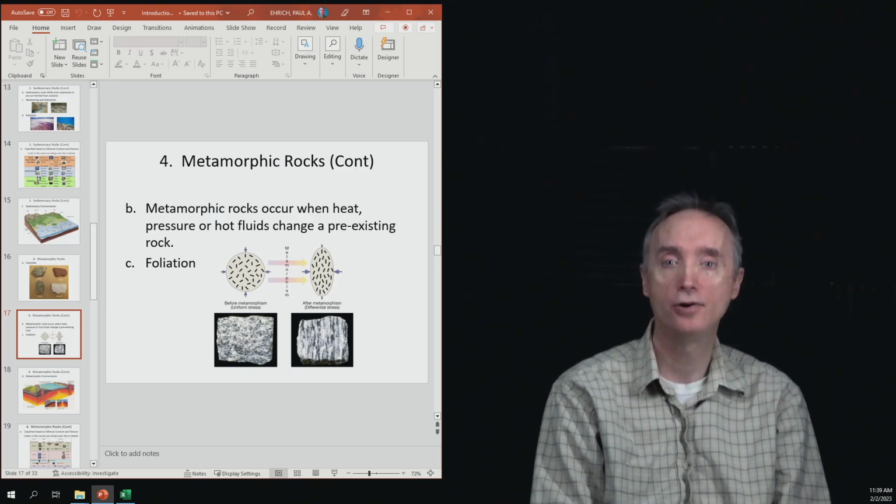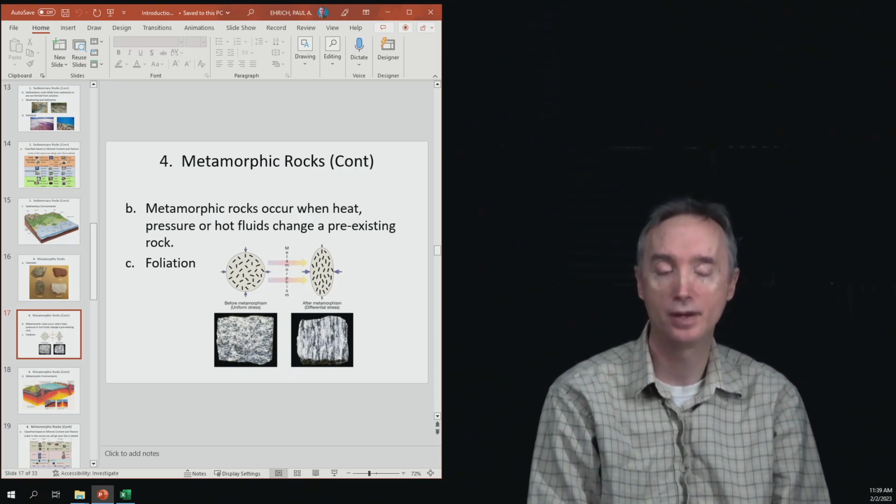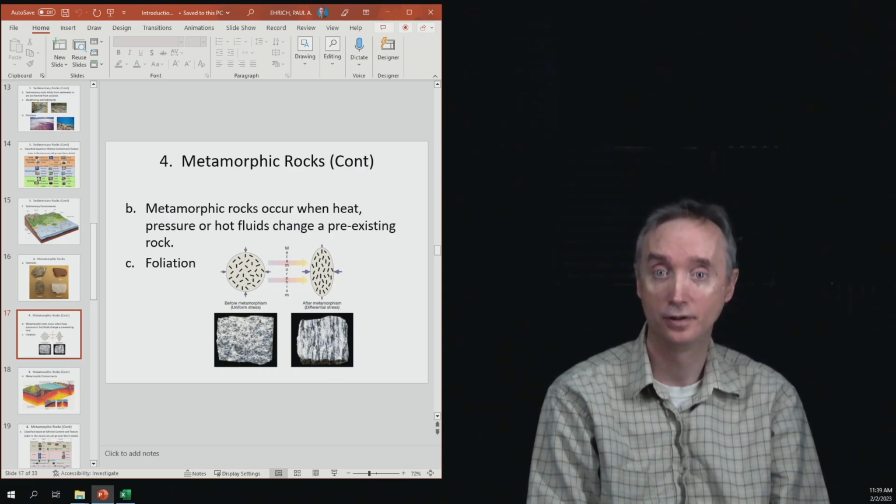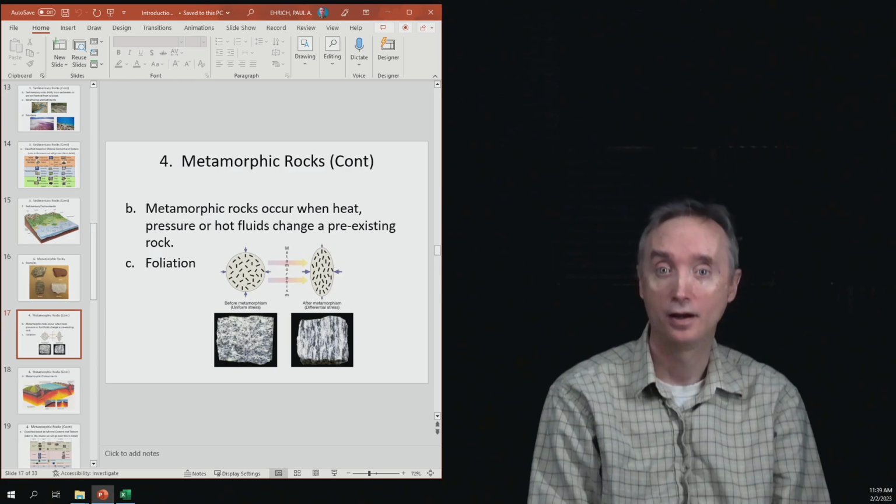So how do you make a metamorphic rock? You're going to subject it to extreme heat or extreme pressure or hot fluids such as hot water, or it could be all of them.